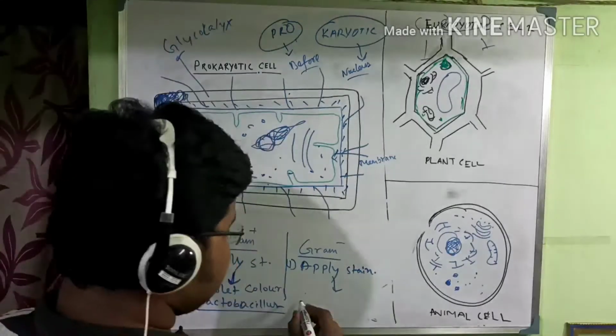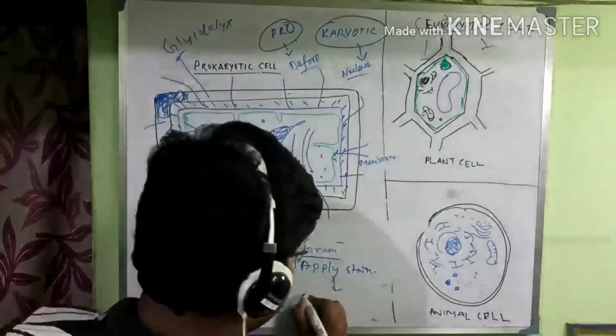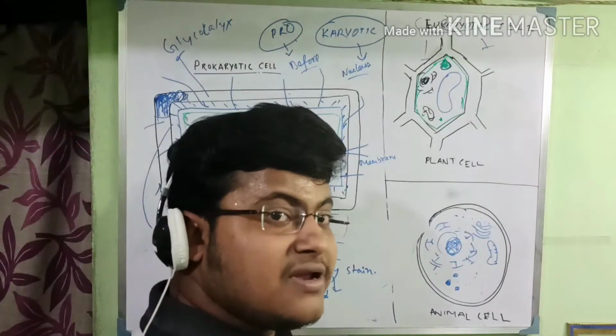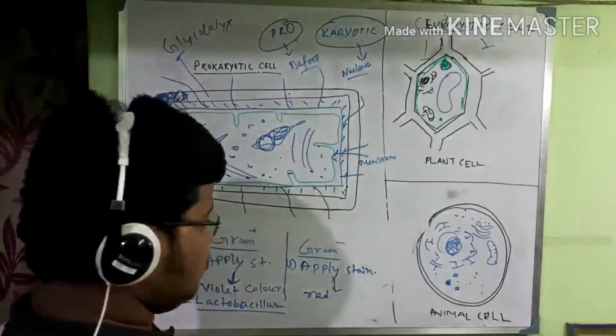They look red, they form the color red. They are known as gram-negative bacterium.